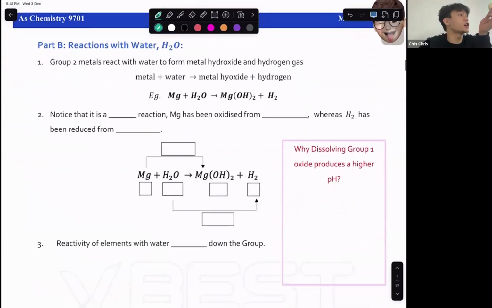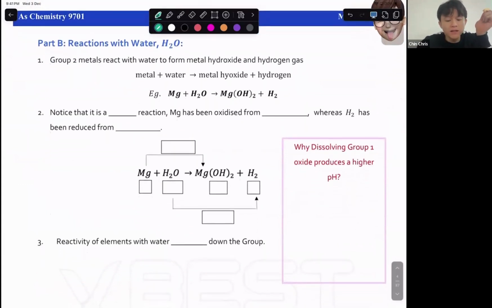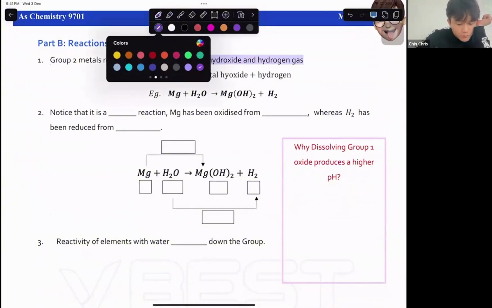Alright guys, part B, let's look at the reaction with water. So group 2 metal reacts with water to form metal hydroxide and hydrogen gas. Notice that this is a redox reaction. Why?